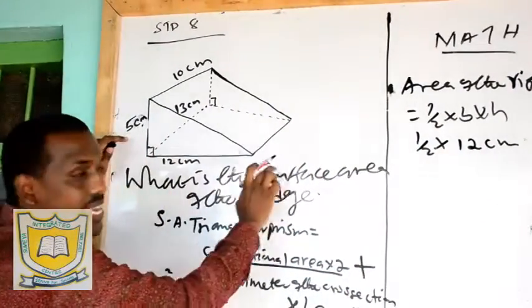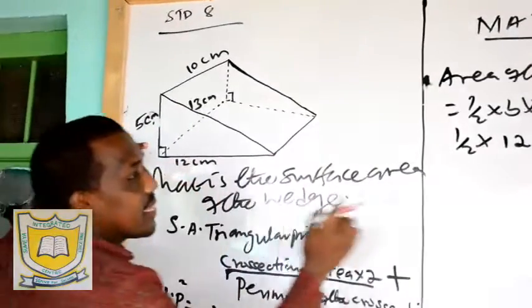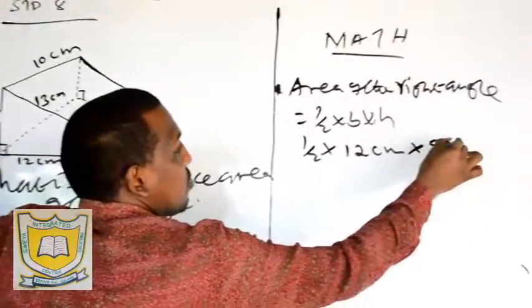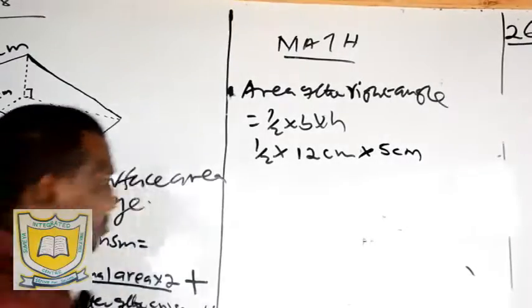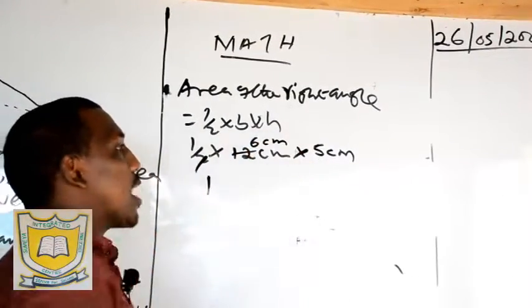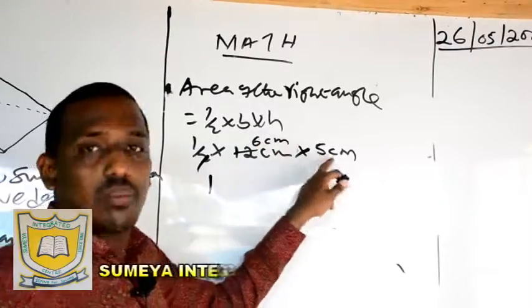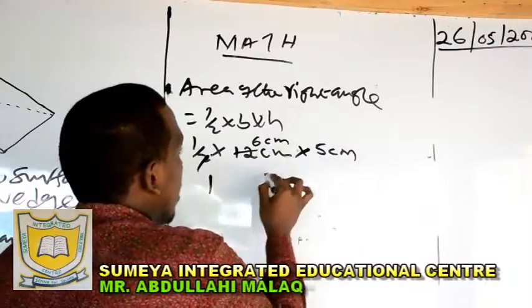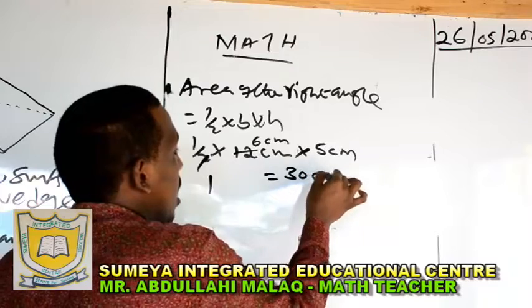This is the base line and this is the height. Half of 12 is 6, so 6 times 5 gives you 30 centimeters squared.